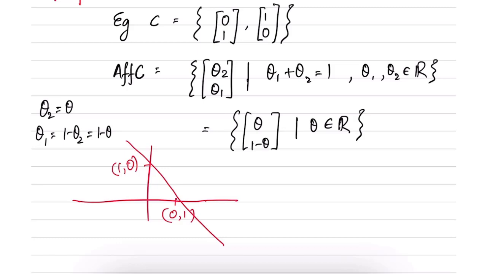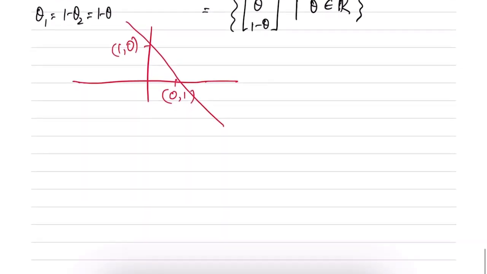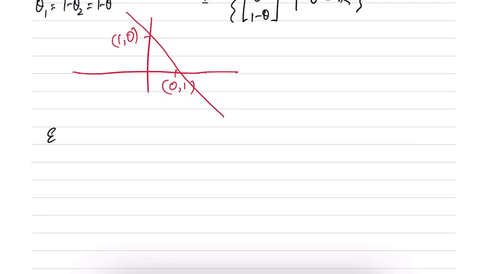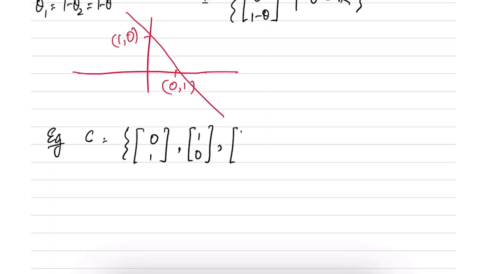So what happens if we have more than 2 points in a set? Let's take an example where C has points of the form (0, 1), (1, 0) and (1, 1). So there are 3 points in this set and we want to find out its affine hull.